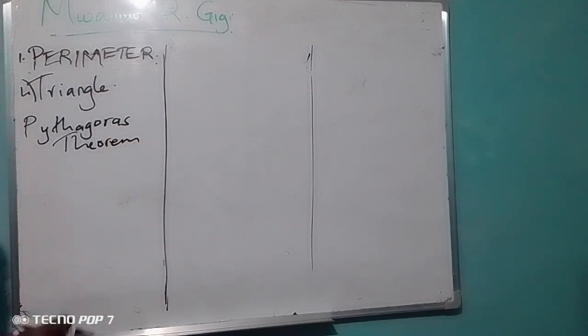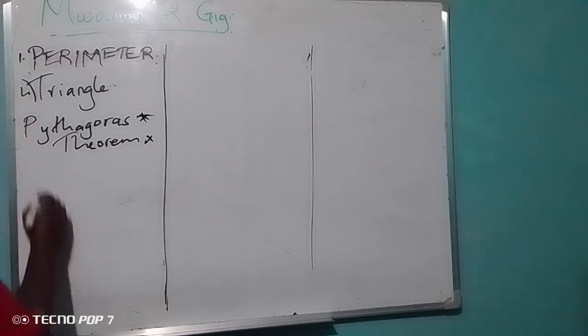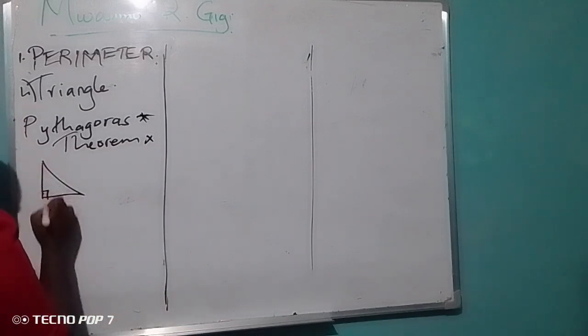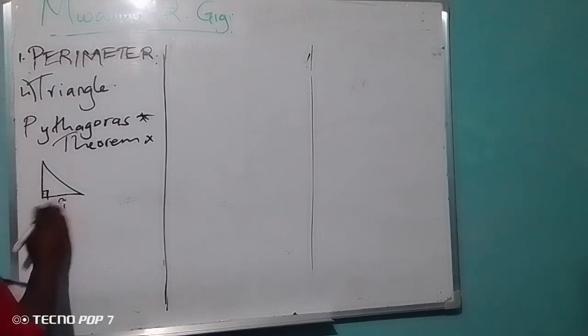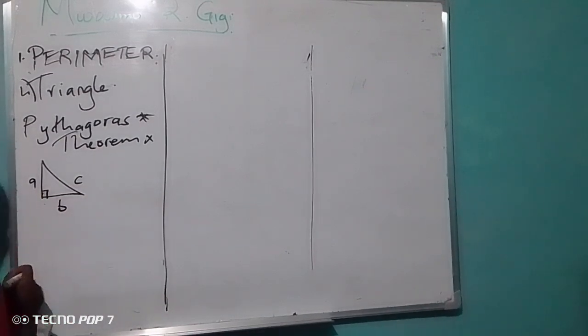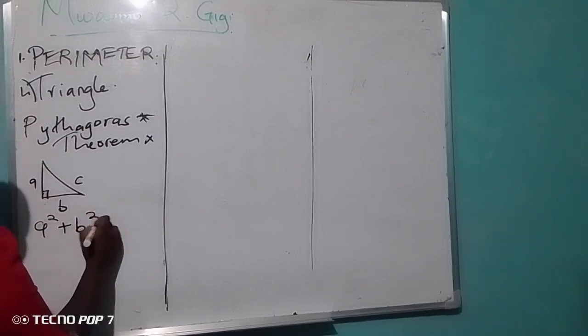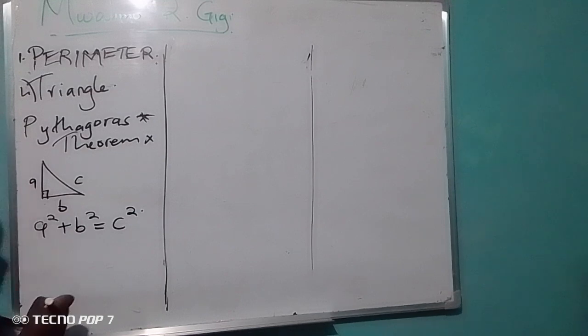Huyu mtu anaitwa Pythagoras, alidiscover that in a right angled triangle, a plus b plus c, a b c, a squared plus b squared is equals to c squared. Sawa. This one is the Pythagoras theorem.